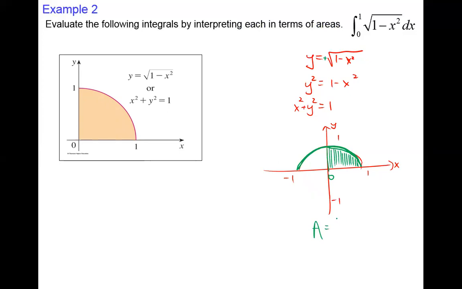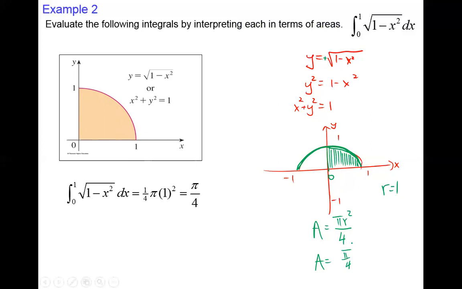The area of the circle is pi r squared, and since it's a quarter, I have to divide by 4. The radius is 1 in this case. It's just pi over 4. This is a really nice example of how we can use the net area to evaluate a definite integral.